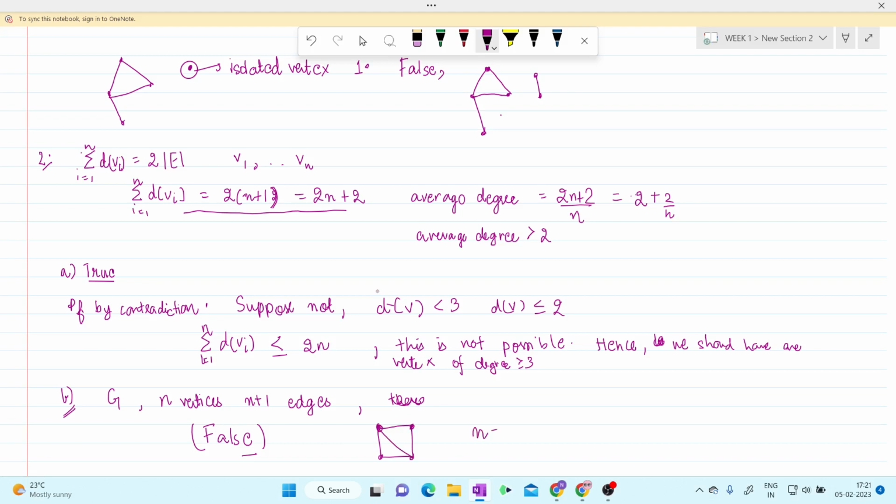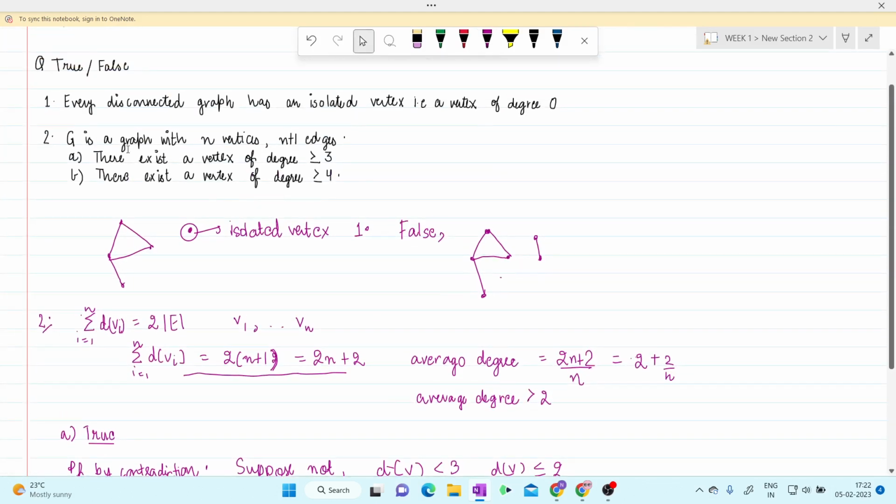Here n is equal to 4 and the number of edges is 5. So the hypothesis is met, that we have n vertices and n plus 1 edges. But we can see in this graph there is no vertex of degree greater than or equal to 4. Hence the B part is false.